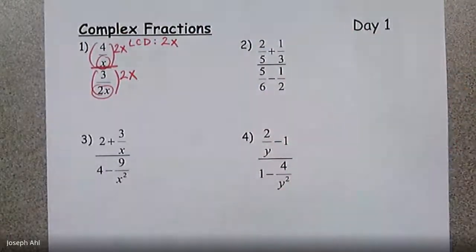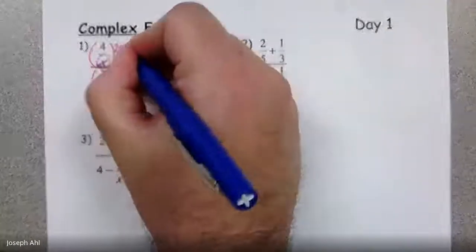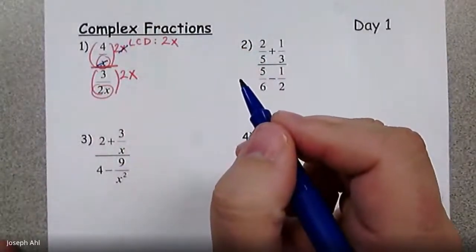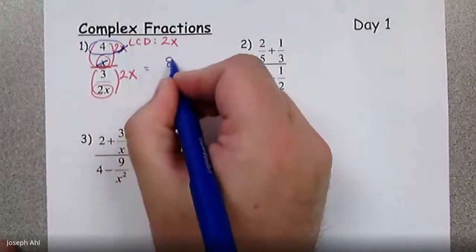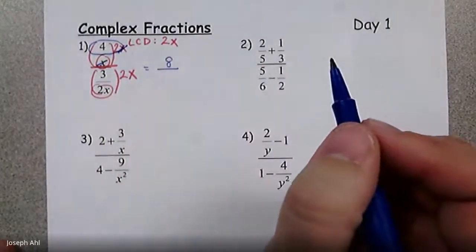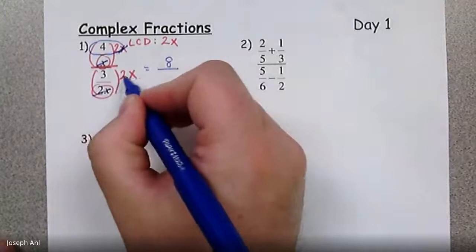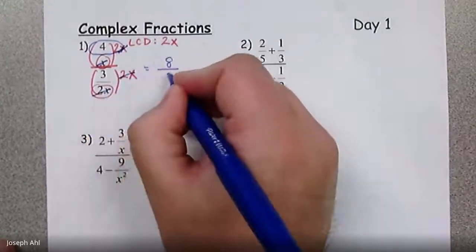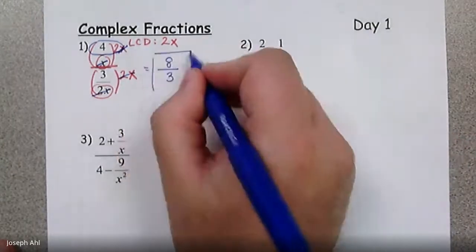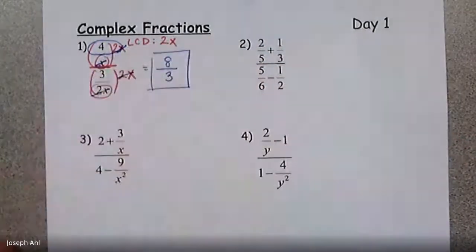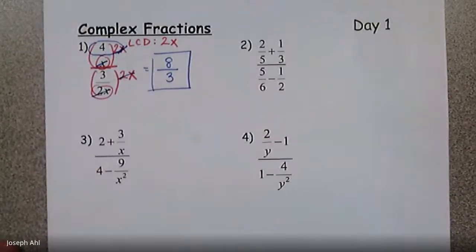When I multiply through by the LCD, the x on the top and the x on the bottom will cancel, and we're left with 4 times 2, which gives you a numerator of 8. In the denominator, the 2x's cancel completely from top to bottom, and it just leaves you with the 3. So the simplified form of complex fraction number 1 winds up being 8/3.